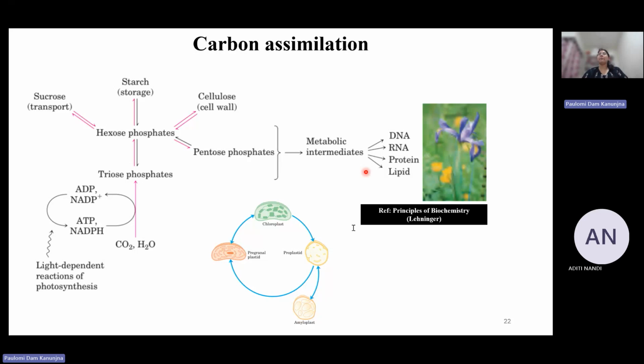Now, what actually is happening is that these are photosynthetic organisms. They are synthesizing the food for themselves. What is the food there? It's carbohydrate. So that assimilation of the carbon into a carbohydrate is what is referred to as carbon assimilation reaction.